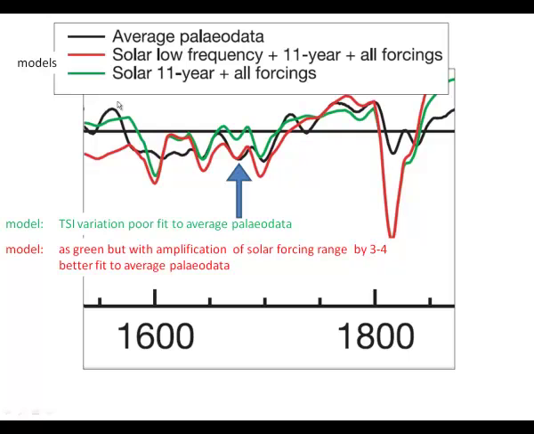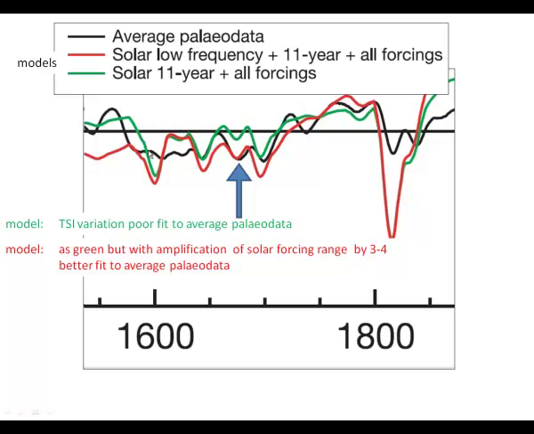So we have the average paleo data shown here, and then the 2 models picked out here. The first of the models shows all the total solar irradiation variation that can be factored into the analysis, for example all the potential forcing factors and the 11-year sunspot cycle.